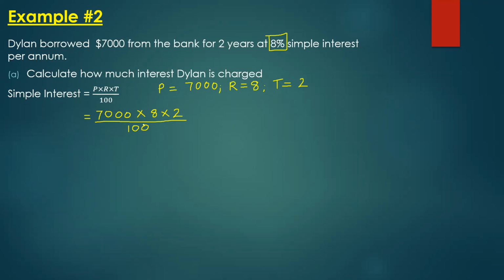Okay. So the first thing we're gonna do for this question, cancel the zeros. So this zero goes with this zero, and this zero goes with this zero. And so now we have 70 multiplied by 8 multiplied by 2.